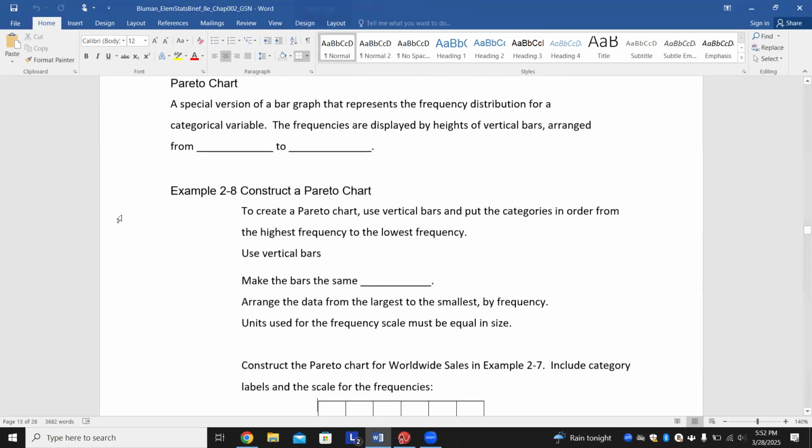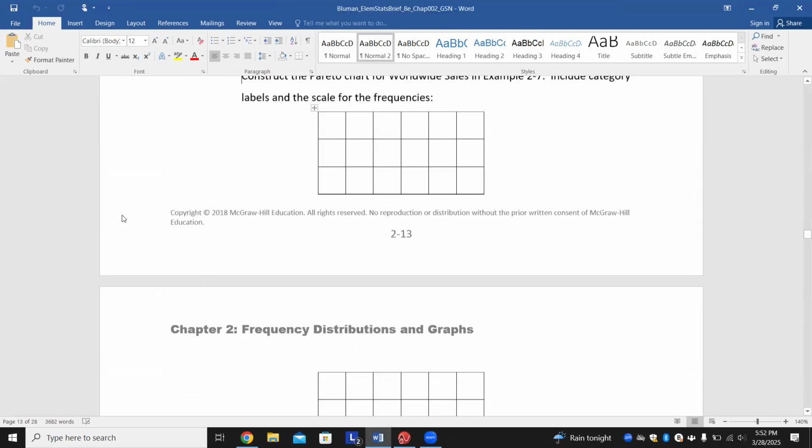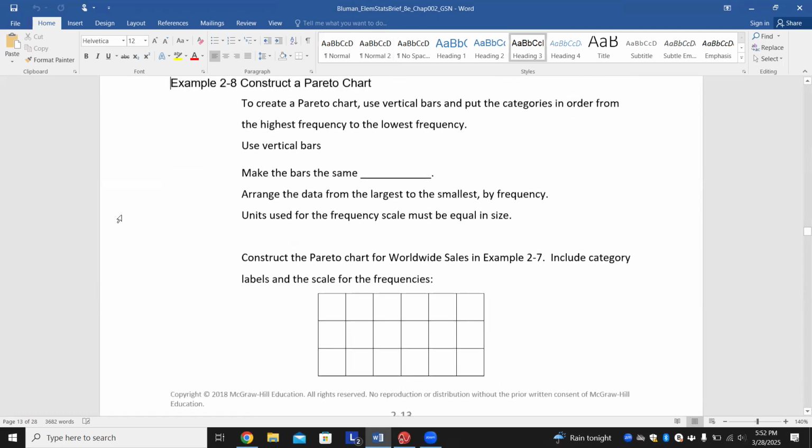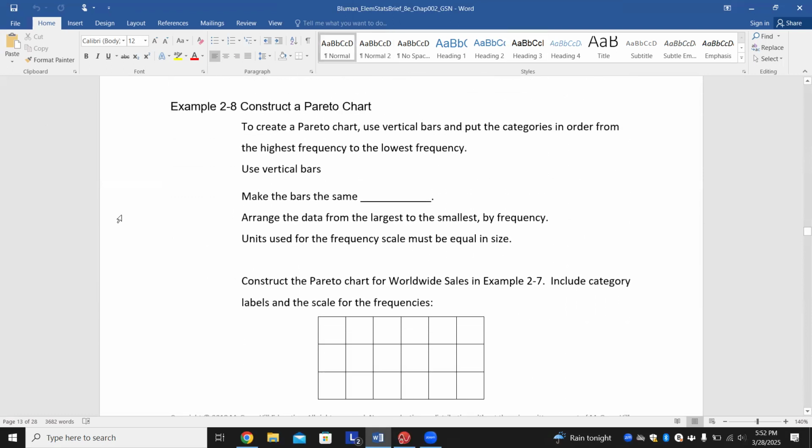So in example 8, we want to construct a Pareto chart. To create a Pareto chart, we're going to again use vertical bars and put the categories in order from the highest frequency to the lowest frequency. We'll use our vertical bars and we're going to make the bars the same width.